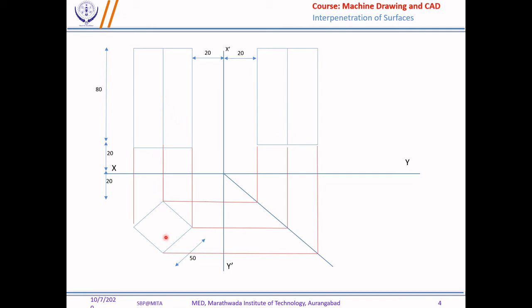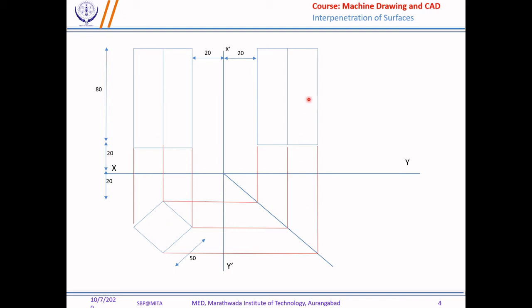This vertical square prism is drawn in the correct position, leaving a proper distance of 20 mm from the XY line. The height of the square prism is assumed as 80 mm.